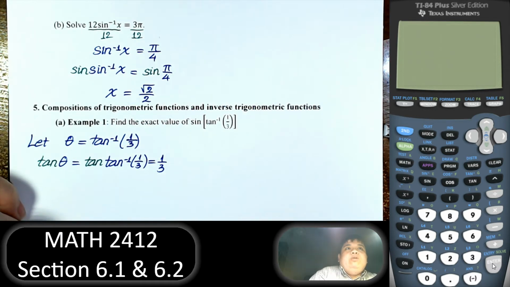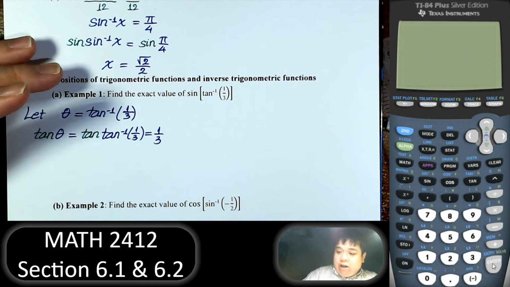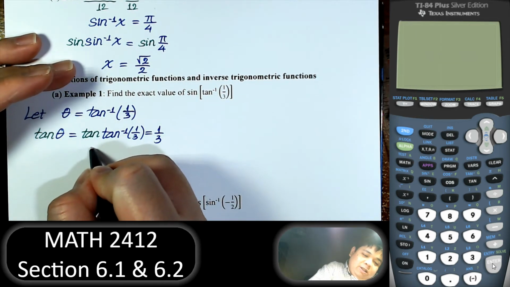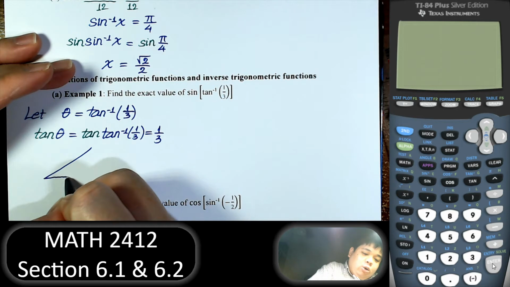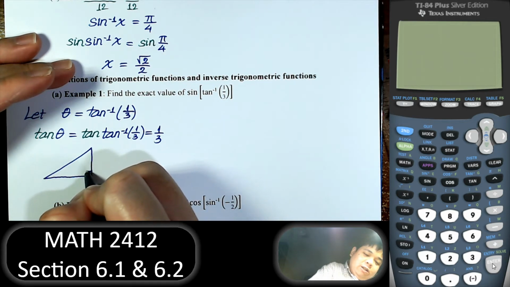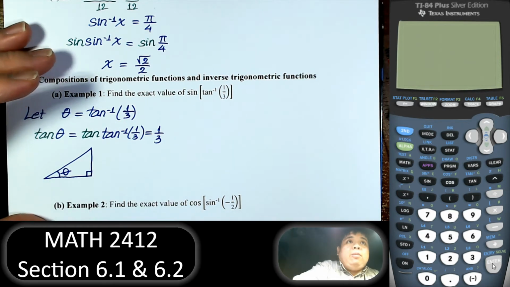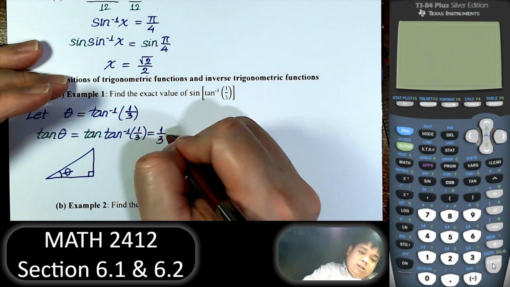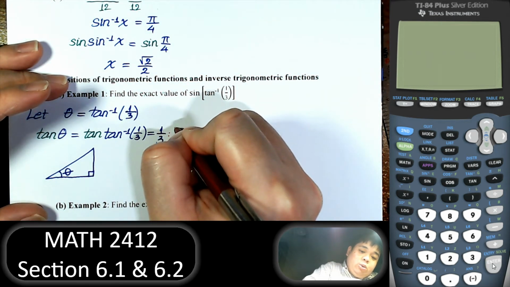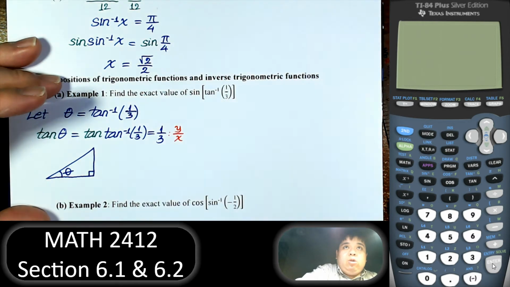So tangent theta is 1/3, right? Now, after that, we can draw the triangle. Even though we use a triangle, we should use x, y, and r here. What is the ratio for tangent? Is that equal to y over x?